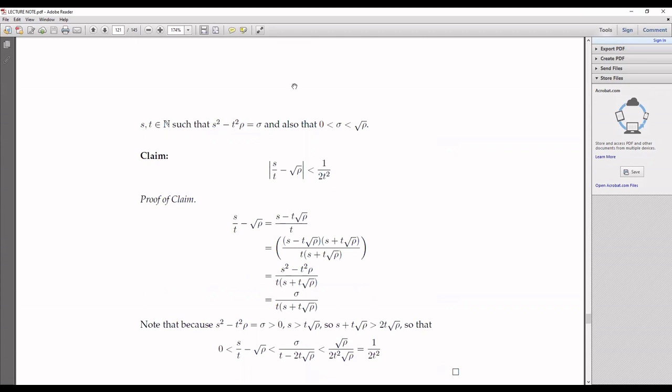Since the absolute value of n is less than root d, and here they considered sigma to be positive, taking the absolute value is not a requirement here. So they are just taking sigma to be less than root rho. Their claim is this difference is less than 1 over 2t squared.